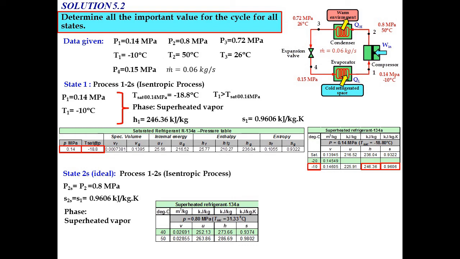You need to find the value of S2S in the table, and the value is in between 0.9374 and 0.9802. So you need to make an interpolation between the entropy value and also the enthalpy value. From the interpolation, you will get the value of H2S equal to 280.72 kJ per kg.